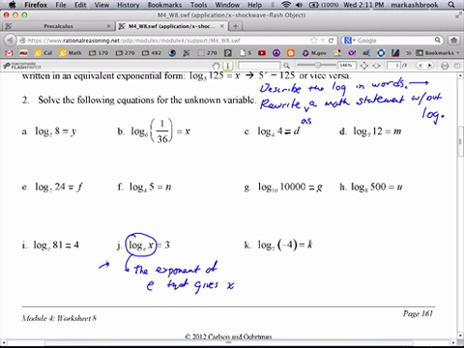So 3 is the exponent of e that would give you x. So now we can rewrite it. 3 is the exponent of what? e. That will give you x. Right there.